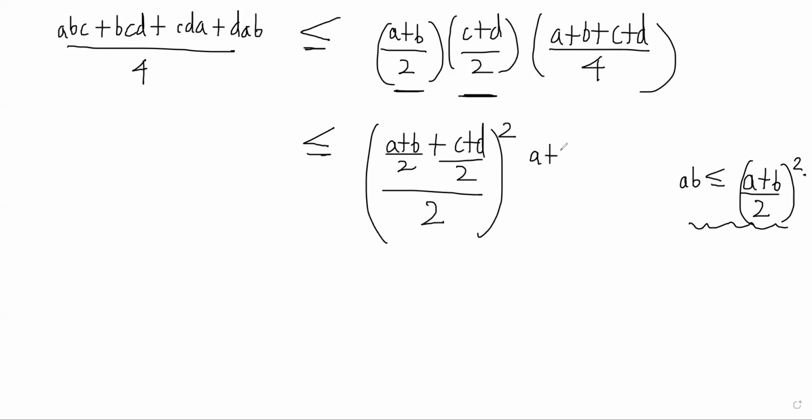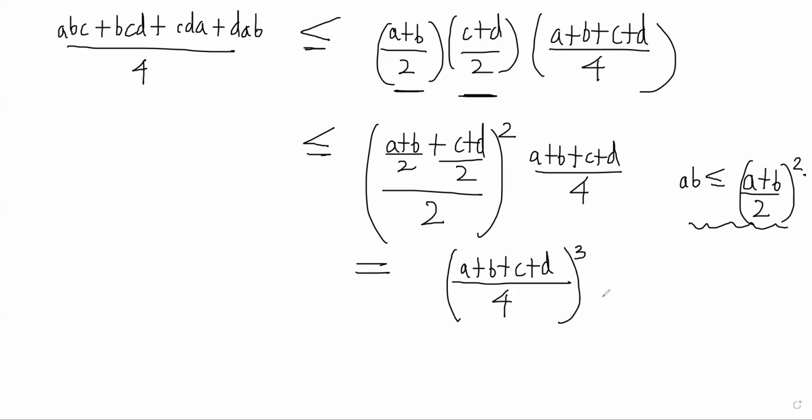And I have a plus b plus c plus d by 4 here, right? Now this thing is equal to a plus b plus c plus d by 4 whole square. So multiply it with this, you'll get a plus b plus c plus d by 4 whole cube, right? So what I'm getting is this expression here.